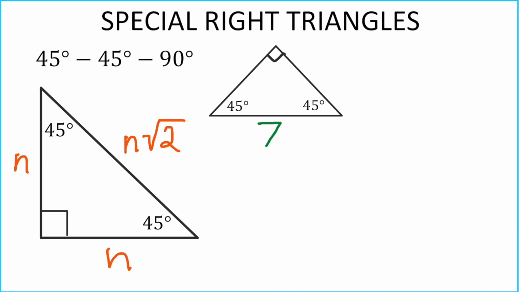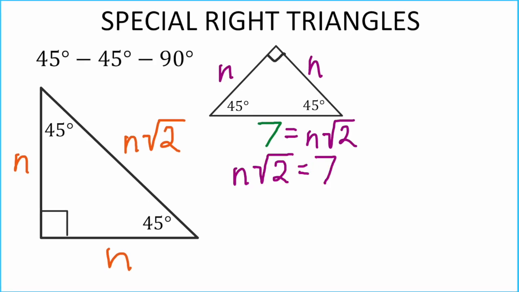All right, let's try another one that's difficult. Go ahead and, if you want, pause the video and try this one on your own. All right, so once again, we don't have what we'd like to have. We have a whole number for our hypotenuse. There's no radical 2. So the other legs can be n. That means 7 is equal to n radical 2.